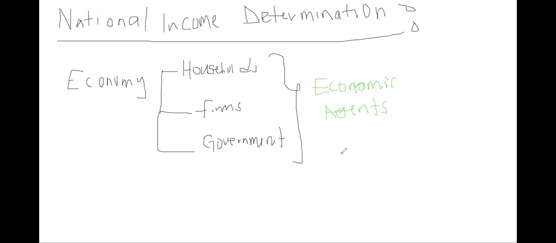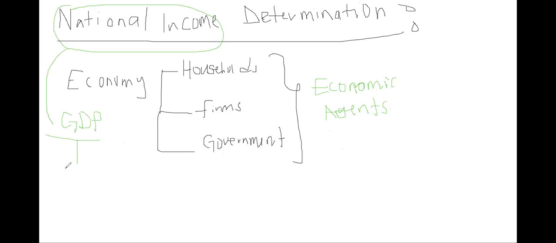So when we say national income, we are talking about the GDP of a country. We all know what GDP means: gross domestic product, if you remember your principles of economics.